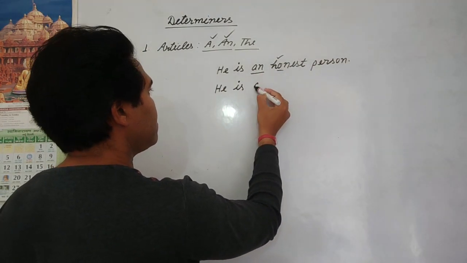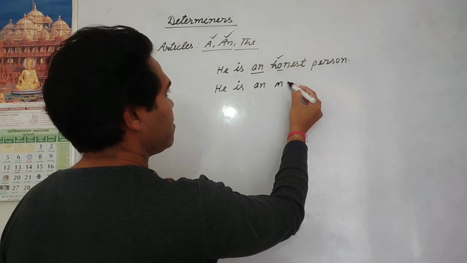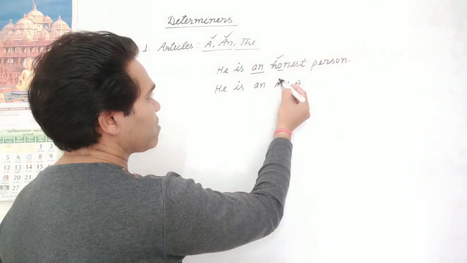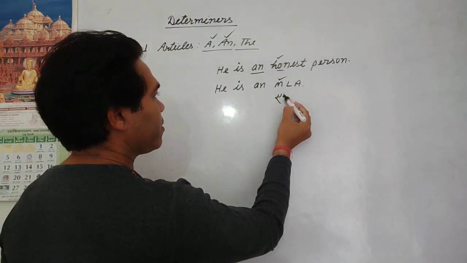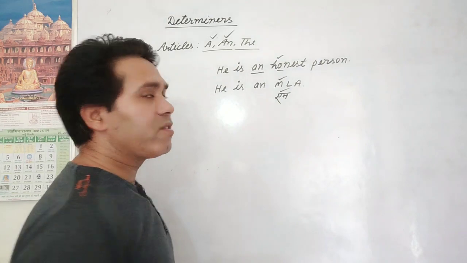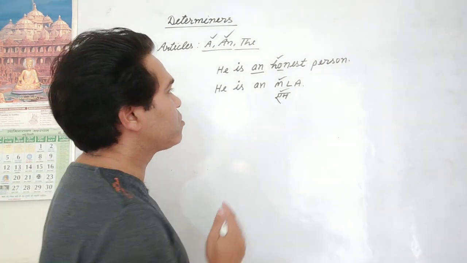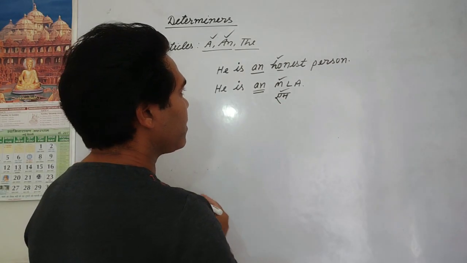He is an MLA. We are getting the sound of M, that is, em. I think you are getting this. Okay, when we get the sound of a vowel, then we use an.